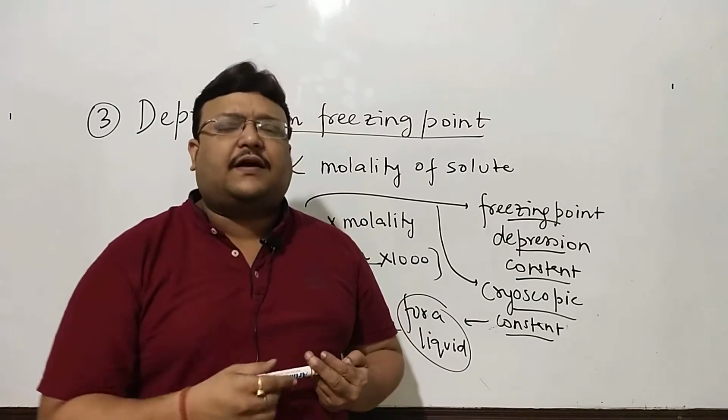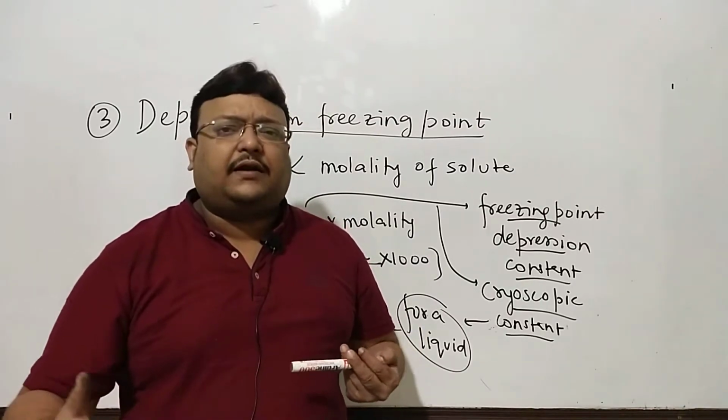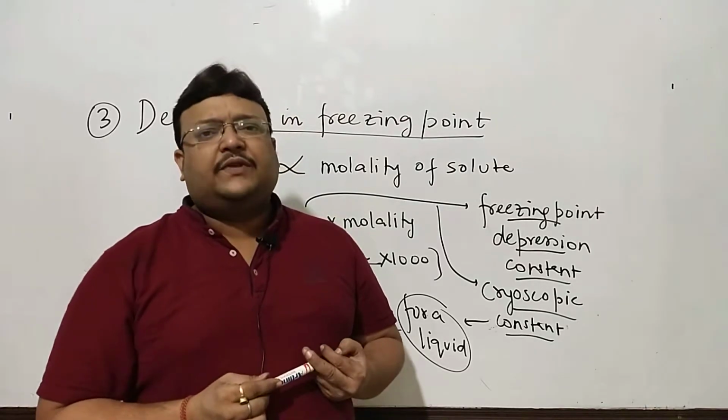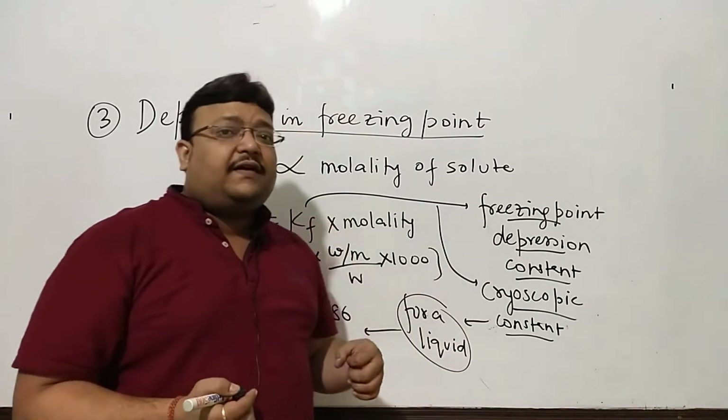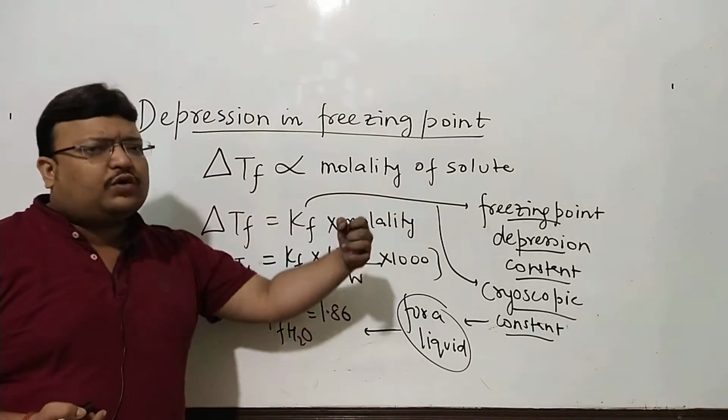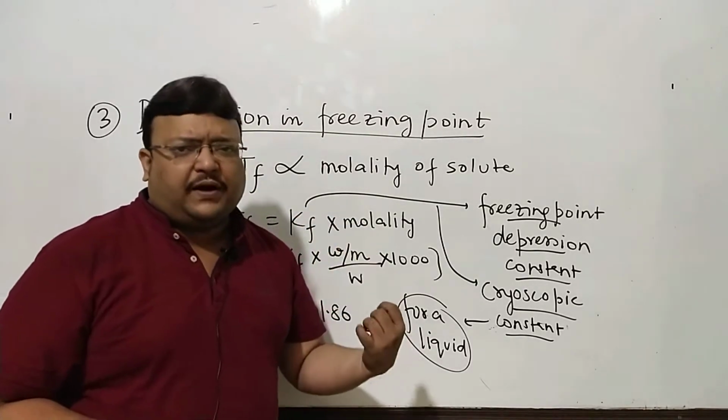These are very practical, commonly known facts which we are told much before class 11. Only now we realize that they are proportional to the count of solute particles, so they are all colligative properties.